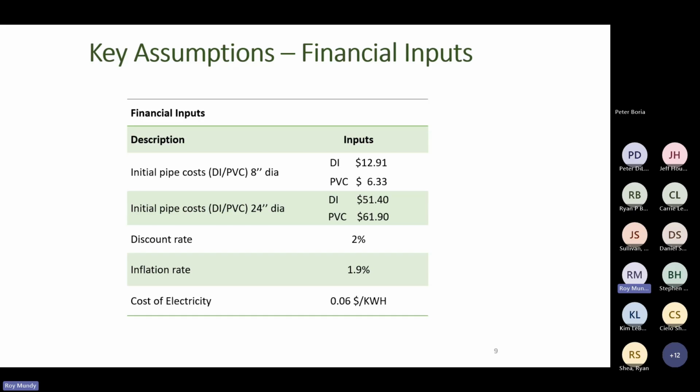But the reality is, even using today's numbers, it's the variation and differential of the numbers that really play in, whatever the numbers may be. And of course, the discount rate they used was 2%, inflation rate 1.9%. Only we would wish it was 1.9% right now.